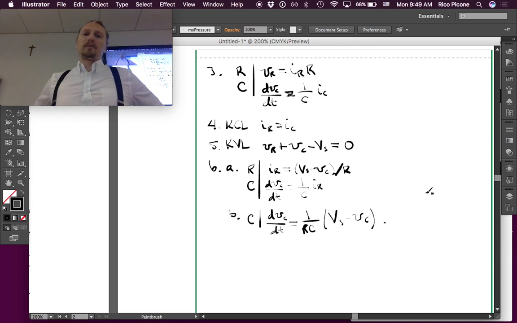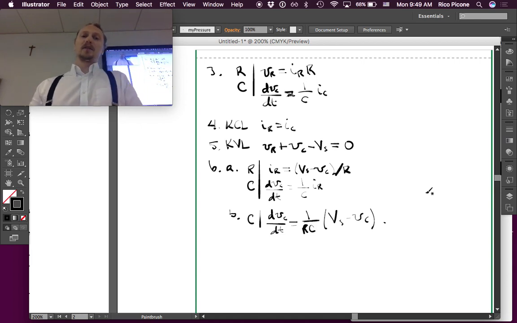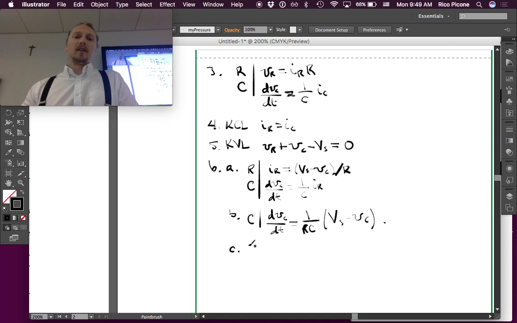Okay. So we've got ourselves just one ordinary differential equation, right? We don't have a system of them. It just ended up being one. Could have had a system, but we ended up with just a single one. So now we need to solve the ODE.